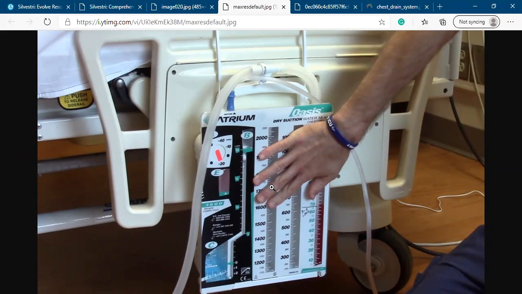Anyway, this is not the topic right now. We are talking about the chest tube, how the chest tube is set up, right?